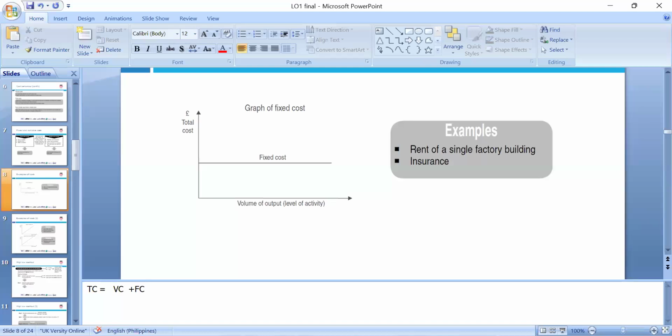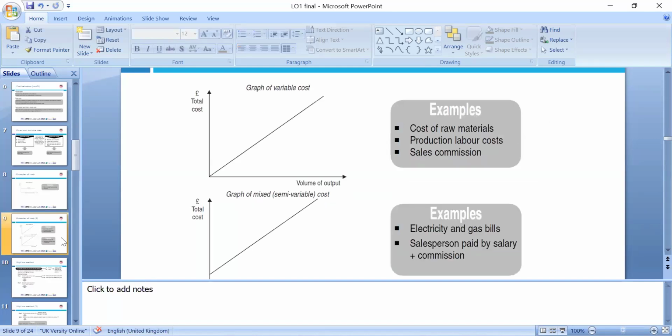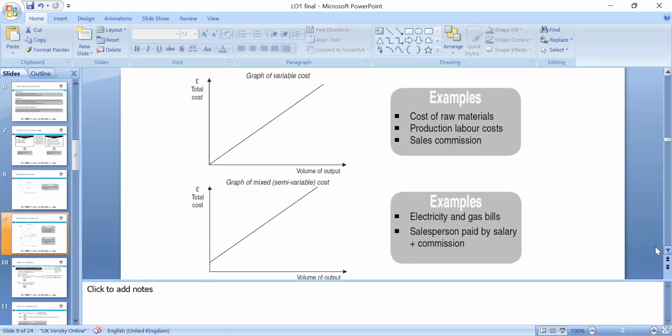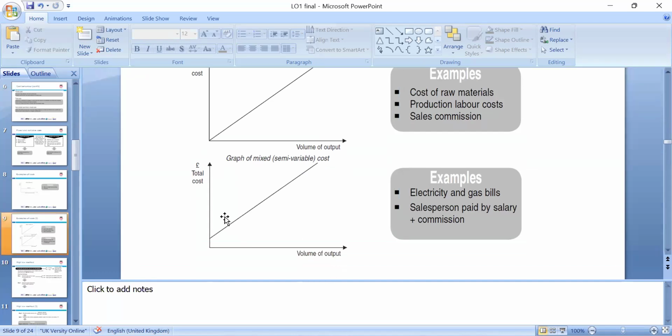That's the equation we use. This graph shows that when you produce more, the total cost goes upward. And the semi-variable cost, which we mentioned, is fixed and variable together.